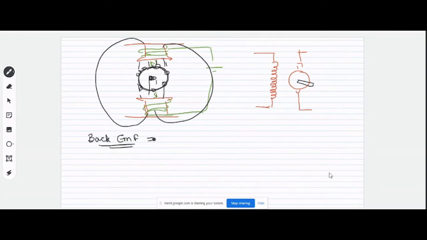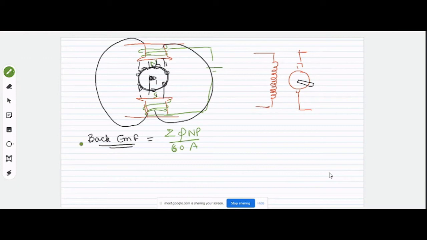Back EMF has the same expression as the generated EMF in DC generators, and that expression is equal to Z phi NP over 60A.